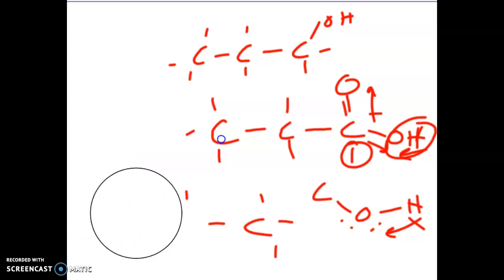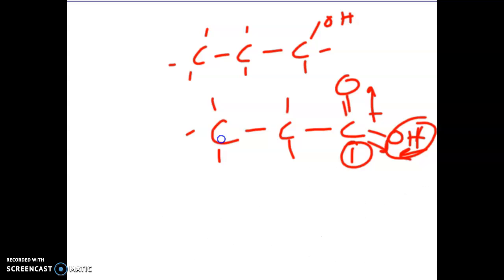So let's assume we're comparing one molecule with the OH versus the carboxyl group. The carboxyl is much more polar because not only does it have the OH, it also has an additional C double bond O dipole.